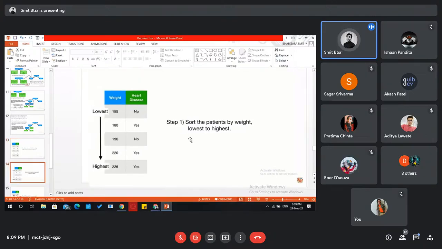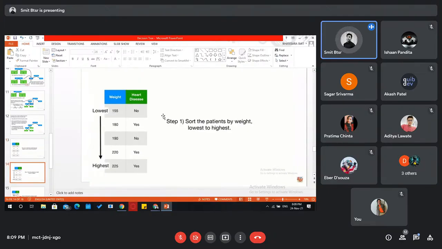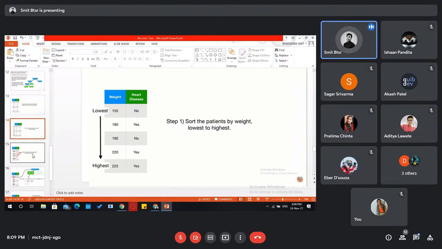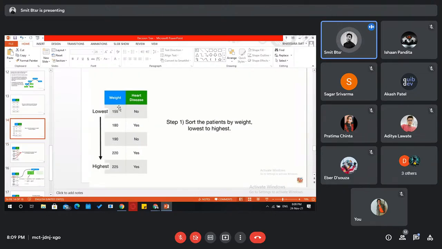So our first step would be to sort all this data. After sorting the data from lowest to highest or highest to lowest, we have to make ranges of weights. Here what we have is discrete values, right? Like 155, 180.